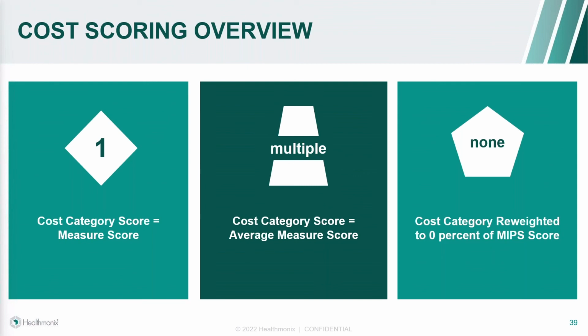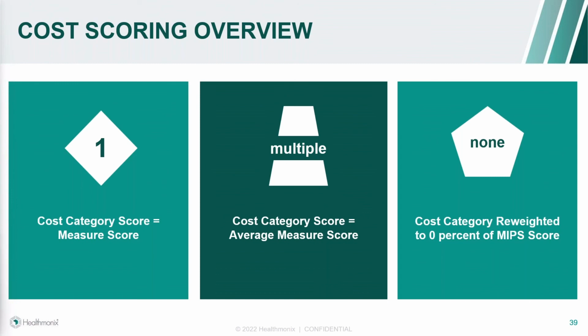So I'm going to start off here with general scoring for the cost category. Basically, from all the measures that you've seen, you could have any combination of those attributed to yourself or your practice. The way that this works is a little different from how quality works.